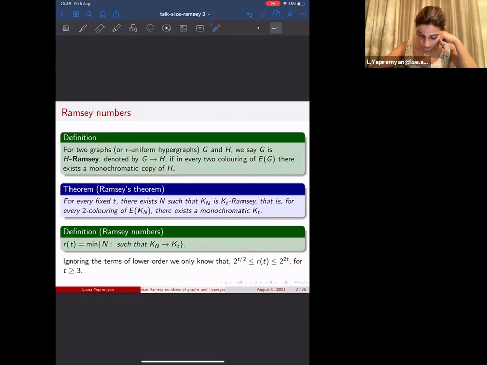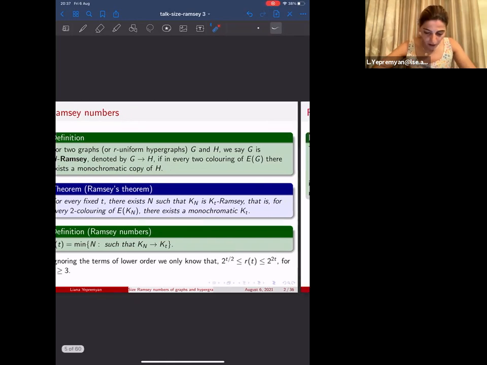So R(t) is at least 2 to the t over 2, and it's at most 2 to the 2t. So you see there's a huge gap here, and a lot of research is around getting closer to determining the right bound.